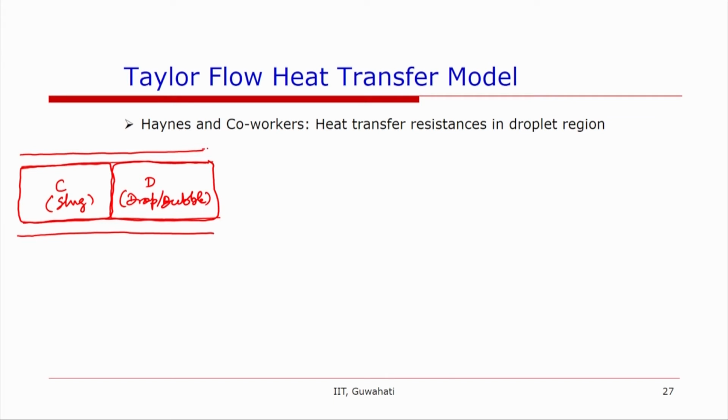Now, we can treat the films in the slug and drop. So, it is very clear that there is a film surrounding the droplet or surrounding the bubble, because this is of continuous phase.